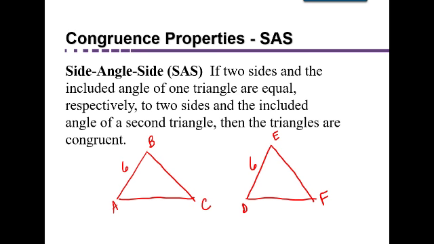The length of side AC is 10 and the length of side DF is 10. And the measure of this angle in between, angle A and angle D, are both 30 degrees. So if we know that 2 sides and the angle between them are the same, that guarantees the rest of the measures have to be the same as well. So that's how we use side angle side, which is abbreviated SAS.